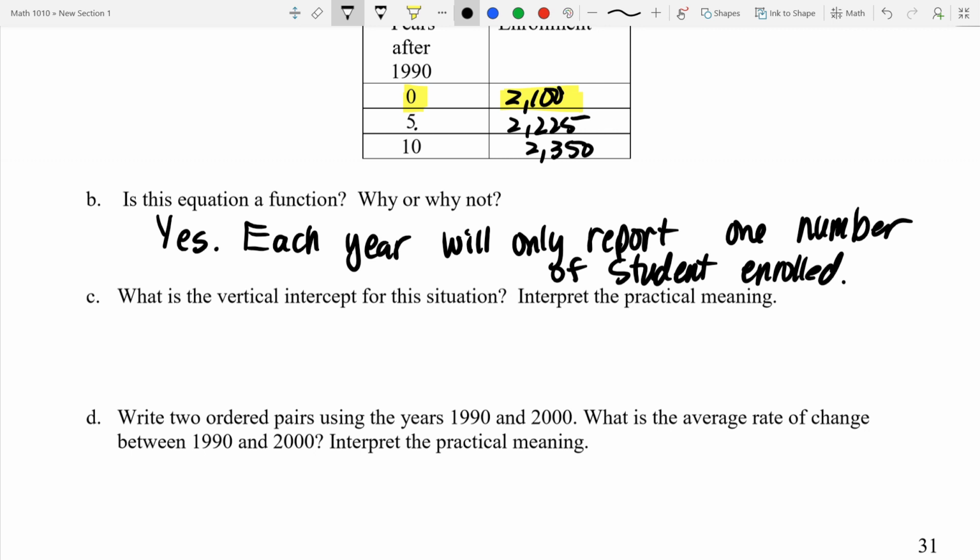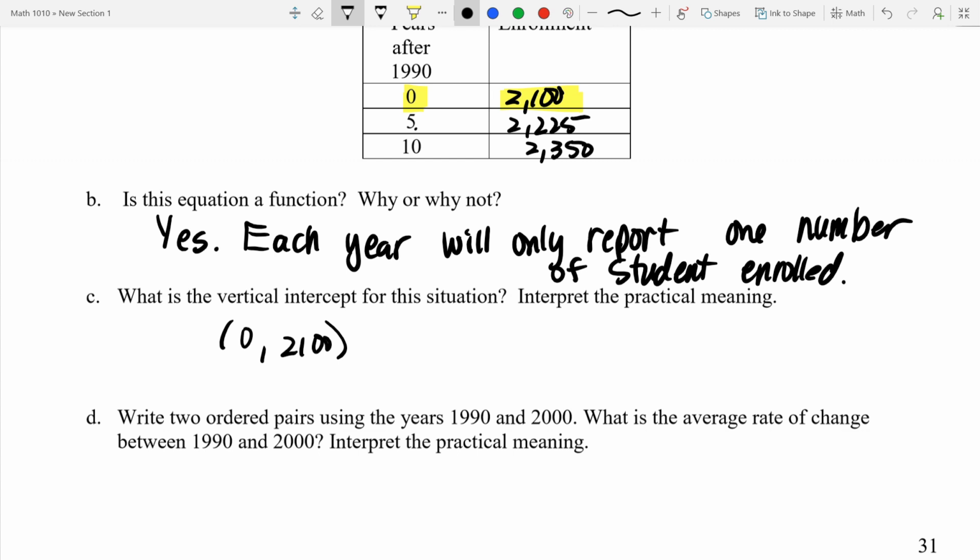Great. What is the vertical intercept? Is vertical intercept the x-intercept or y-intercept? It's y. So you let x be 0. So that would be 0, comma, something. Look at the table. If x is 0, then y is 2,100. What does it mean? 0 years after 1990 is 2,100.